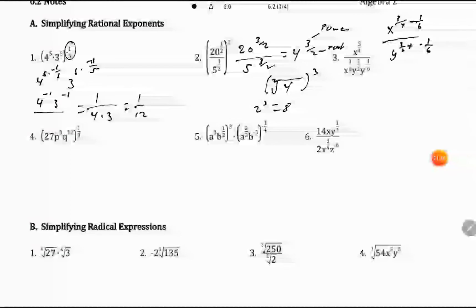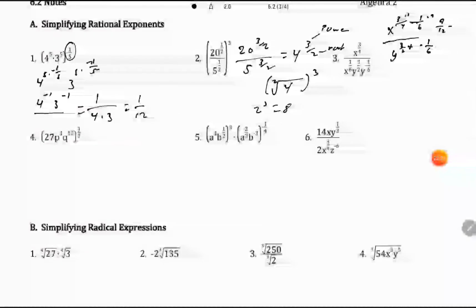The lowest common denominator for the top is 12. So I'm going to multiply this by 3 and this by 2. So I get 6 twelfths, or this is 3, 9 twelfths, minus 2 twelfths.